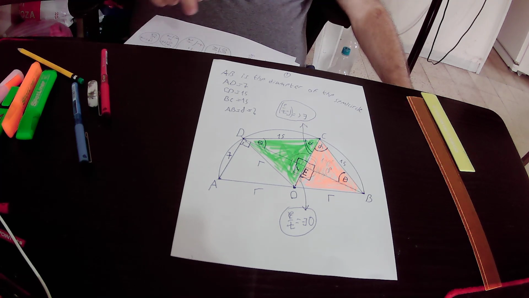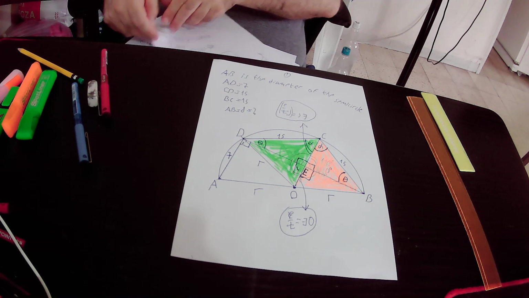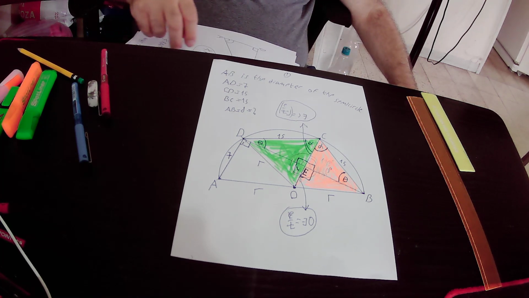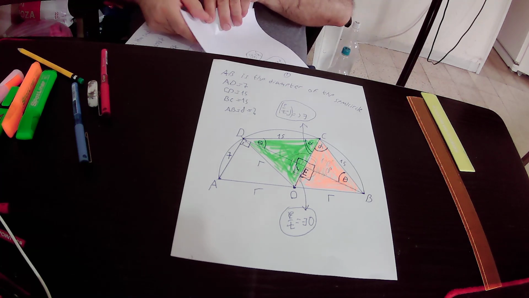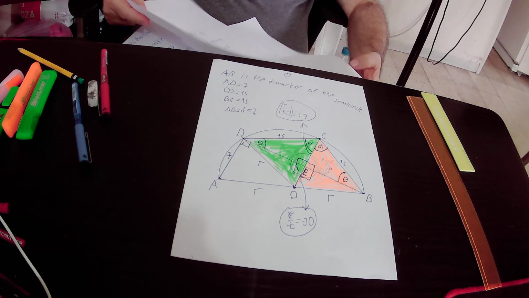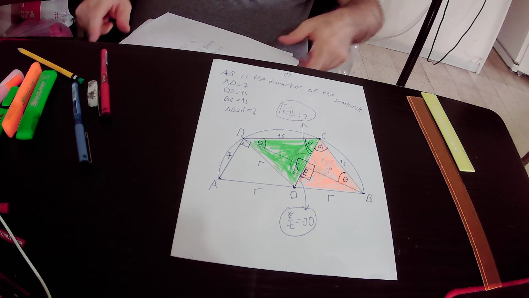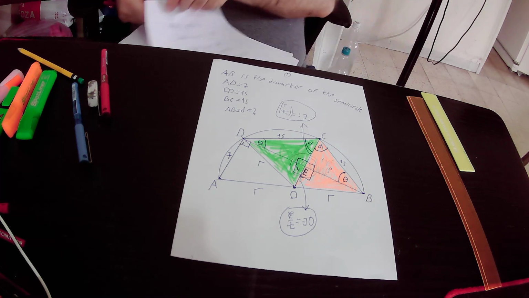We know that chord AD equals 7 units, chord DC equals 15 units, and chord CB equals 15 units also. And we want to find the size of AB, that is the diameter of this semicircle.